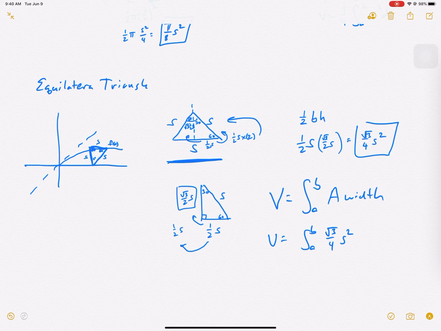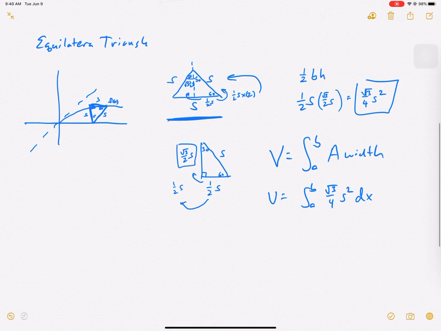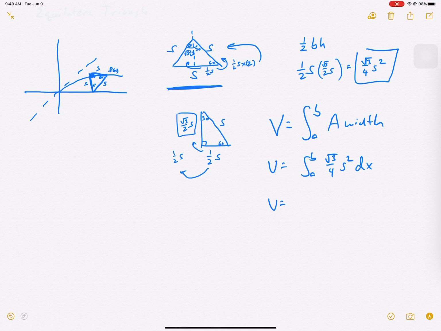Now this will always be the case for equilateral triangles. With a little bit of width, that's called a little bit of dx. I'm going to kick out the square root of 3 over 4, and we have the integral from A to B of S squared dx. Now, if you look at this volume equation, and this is specifically for equilateral triangles, they all follow this kind of S squared model.